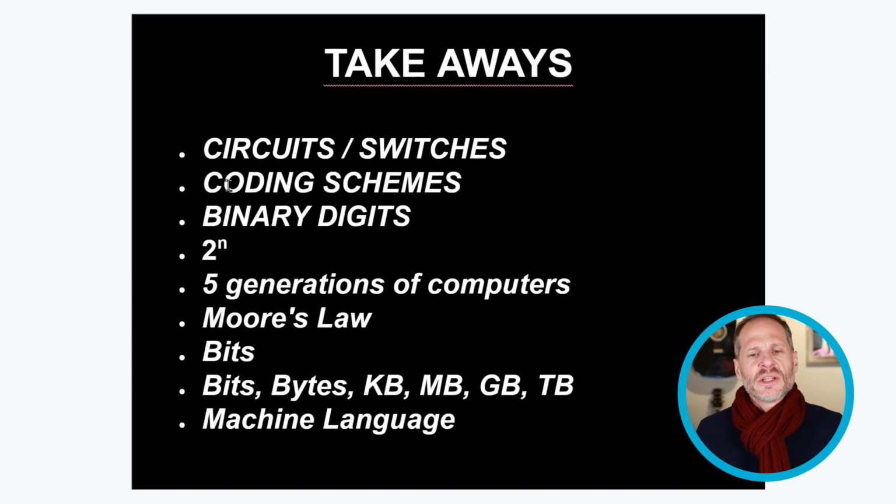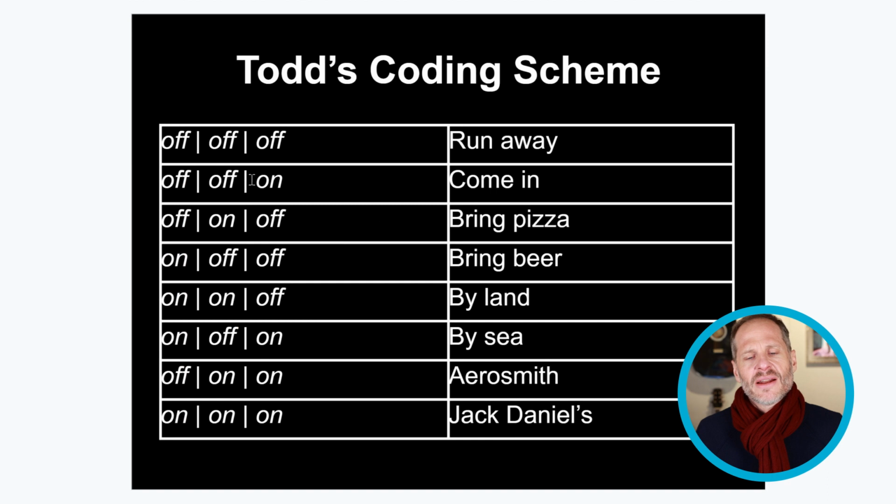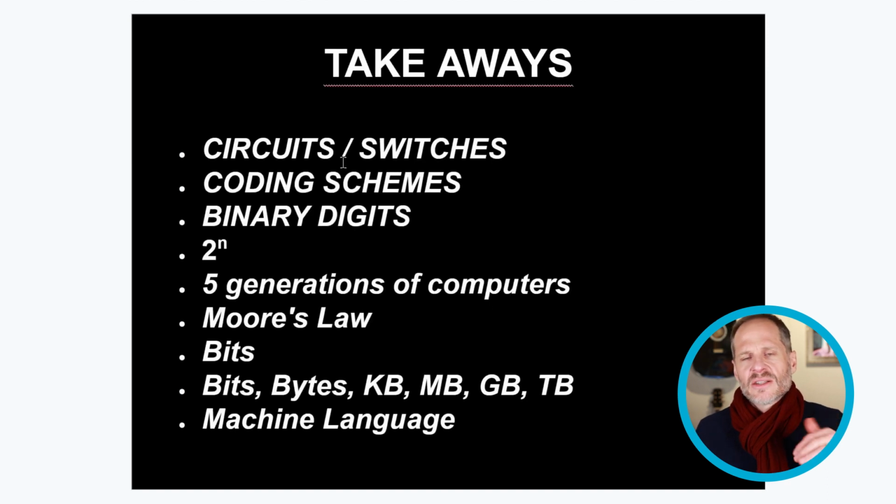We learned about circuits and switches, and coding schemes, the idea that on-off states could mean something. A switch can be in an on-off state, like a porch light on Halloween. We learned about binary digits. We represent the on-off states as 1 for on, 0 for off, and a binary digit is one of those zeros or ones. And 2 to the power of n tells us how many different things we can store.